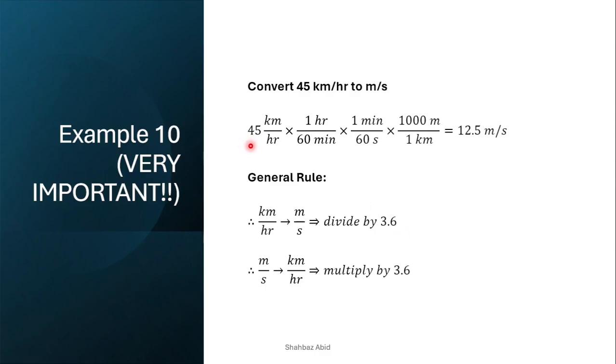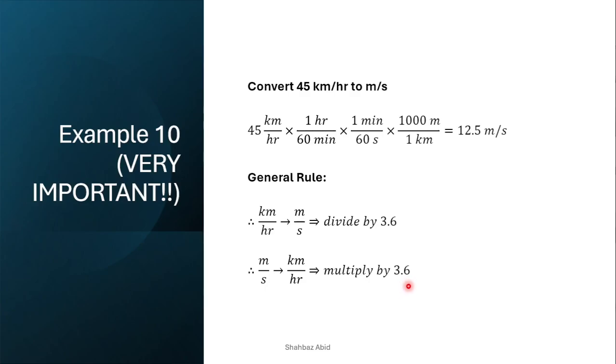So for example, if you want to directly jump to the answer from km/h to meter per second, 45 divided by 3.6 is going to give you 12.5 meter per second. And again, if you want to convert from meter per second to km/h, you need to multiply by 3.6.